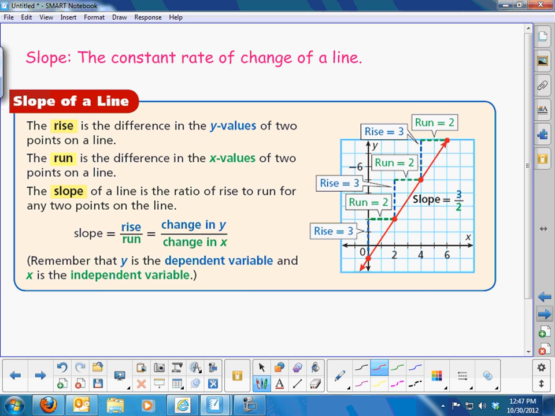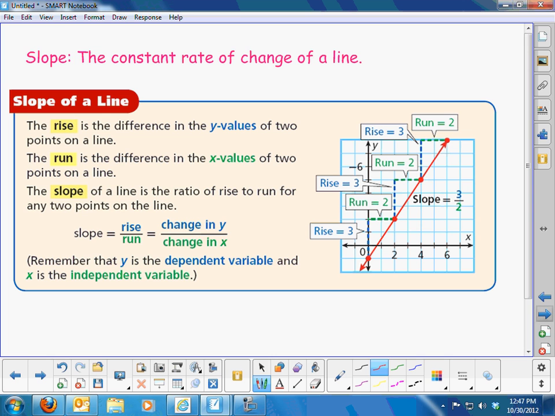Slope is the constant rate of change of a line. My rates of change do not change between the data points in this special case. So if I look at this graph here of my line, I want to find the rate of change between 2 points.